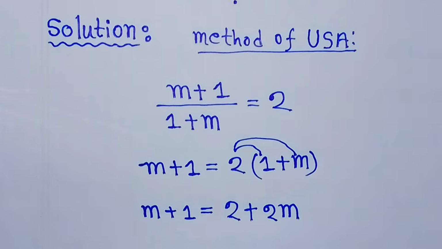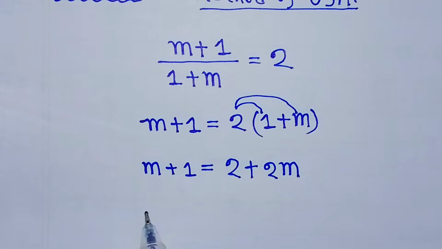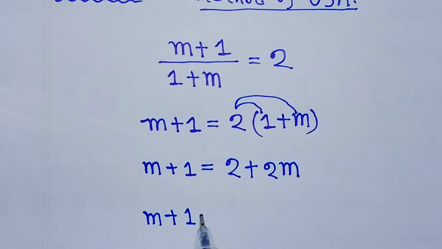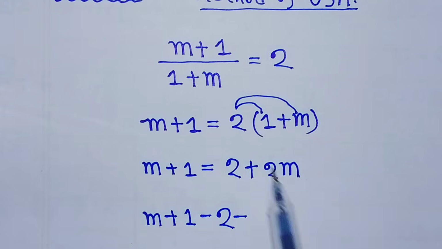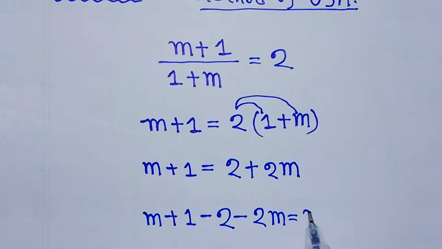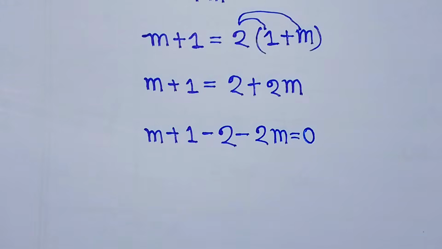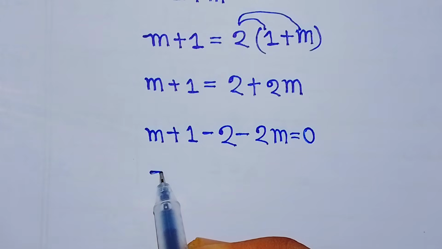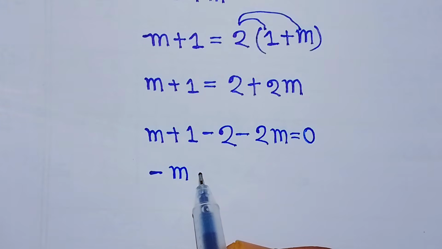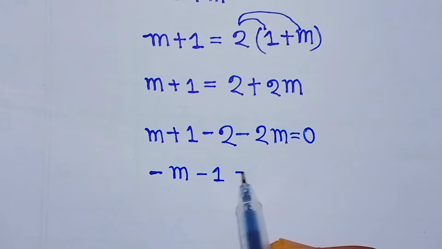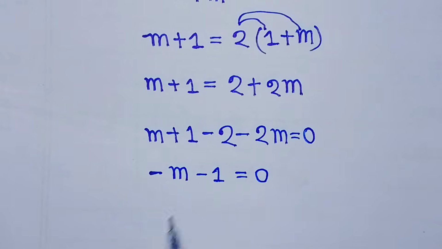Now take everything from right to left side, then we'll get m + 1 - 2 - 2m is equal to 0. Perfectly done. After doing this, just simply apply the mathematical terms rule, then we'll get -m - 1 is equal to 0.